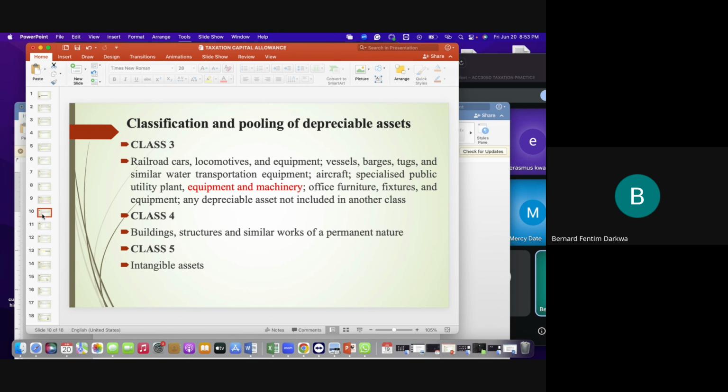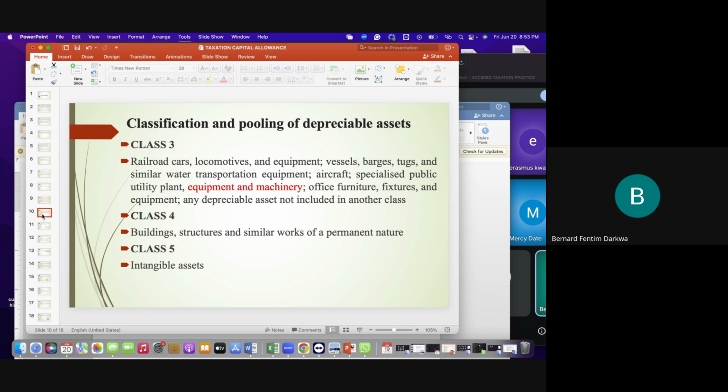So those things are also class 4 assets. But the pooling system does not apply to class 4. So it means that if you have 2 or 3 class 4 assets, you cannot add them together to get one figure. You have to treat each separately. So you have class 4A, class 4B, and class 4C if you have 3 assets in class 4.